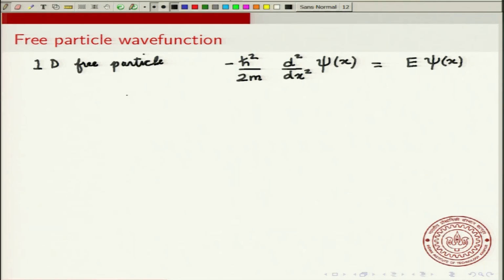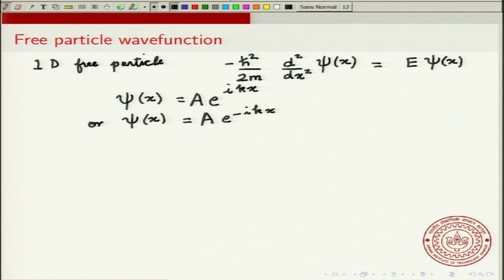The solution of this is what is called a travelling wave. If you solve this differential equation, you will get psi of x equal to e to the i k x, or psi of x equal to a constant of proportionality a times e to the minus i k x, where k is equal to square root of 2 m E by h cross square.